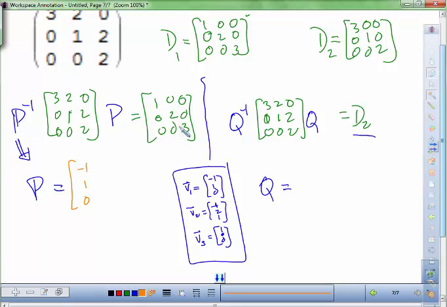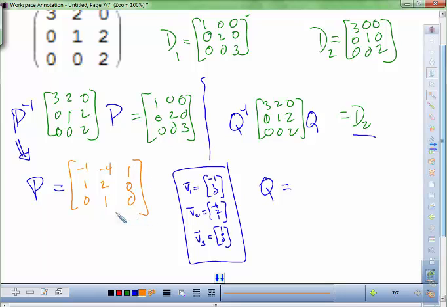Eigenvalue 2 is in the second column, so we'll use the eigenvector associated with it as the second column, negative 4, 2, 1. And then the eigenvalue 3 is in the third column, so we'll use the eigenvector associated with eigenvalue 3. That would be 1, 0, 0.